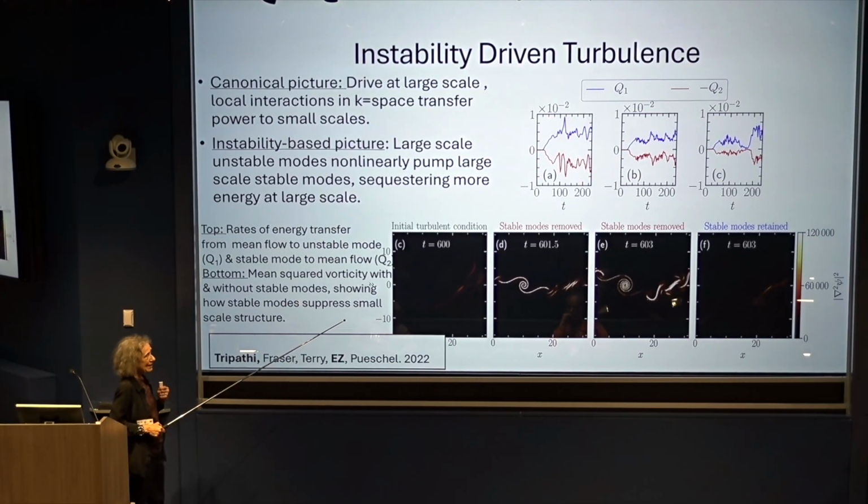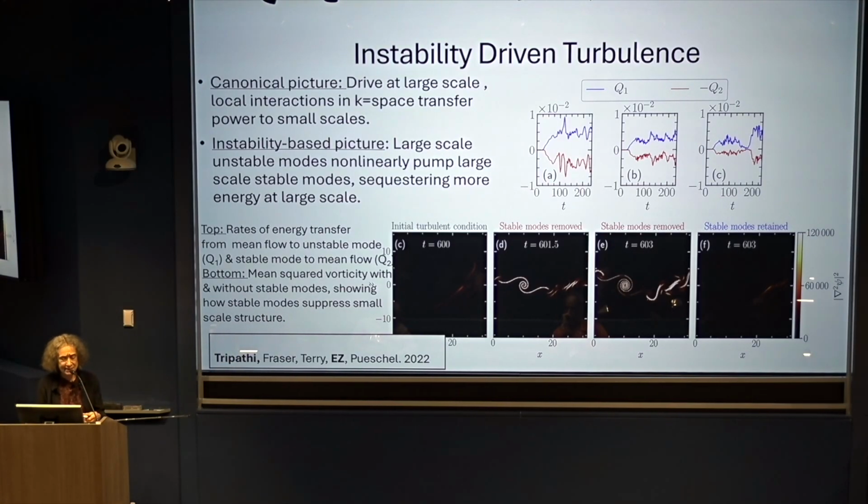Turbulence driven by instability can be different. The canonical picture of instability-driven turbulence would be that you have some large scale instability, and as it grows, there's a nonlinear interaction of the unstable mode with itself, and it creates something at smaller scales, and then those smaller scales progressively, through nonlinear interactions, cascade down to smaller scales.